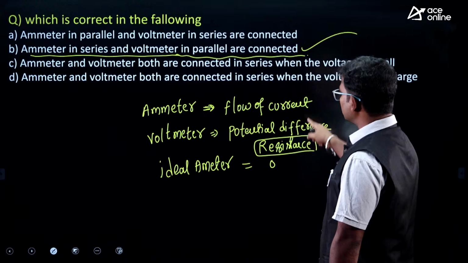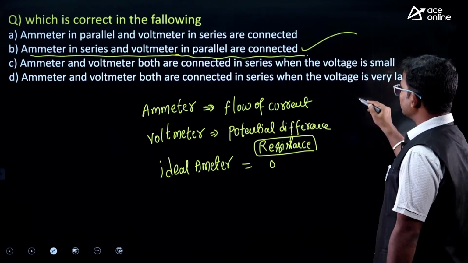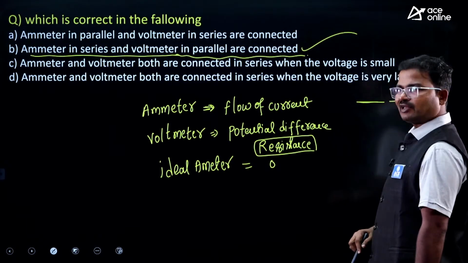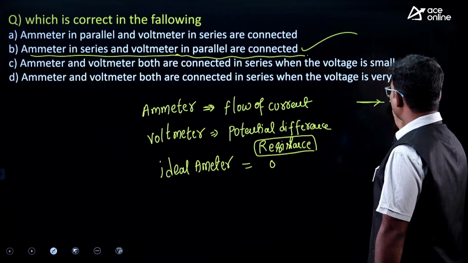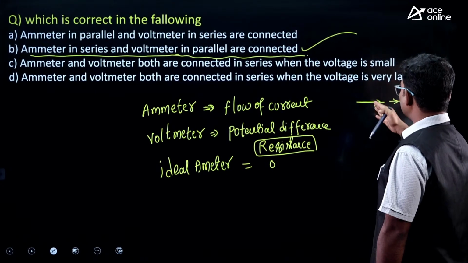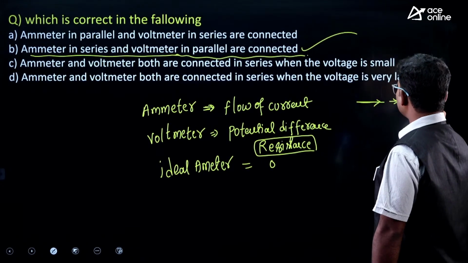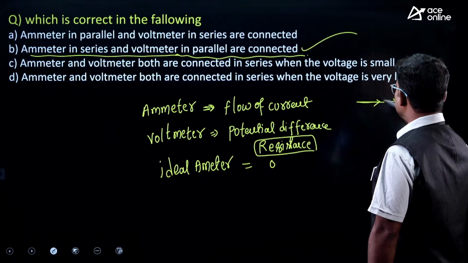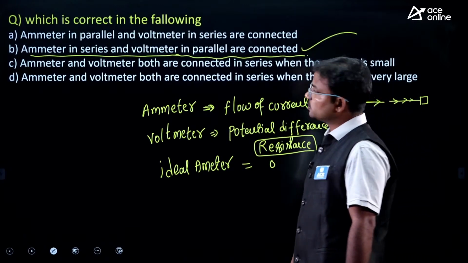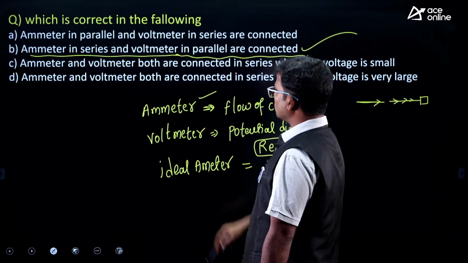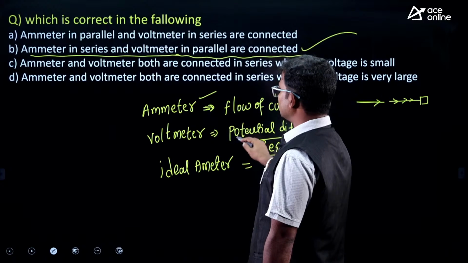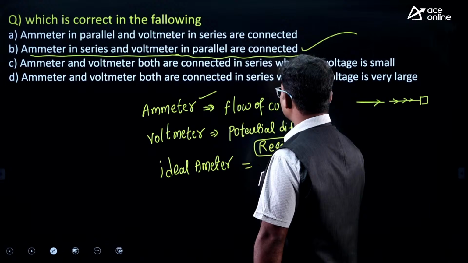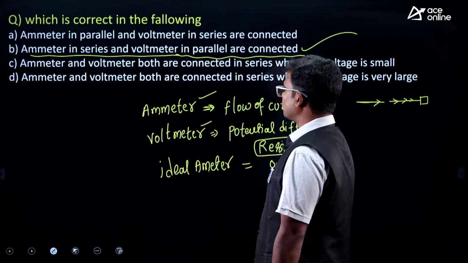So next, why should we connect the ammeter in series? Because to measure the flow of current, we have to connect it in the direction of flow of electrons. Let's consider the electrons' direction in this orientation. So to measure its flow, we always have to connect it in series only. That's why ammeter is always connected in series. Next, voltmeter, to measure the potential difference between any 2 points of the circuit, we have to use a voltmeter.